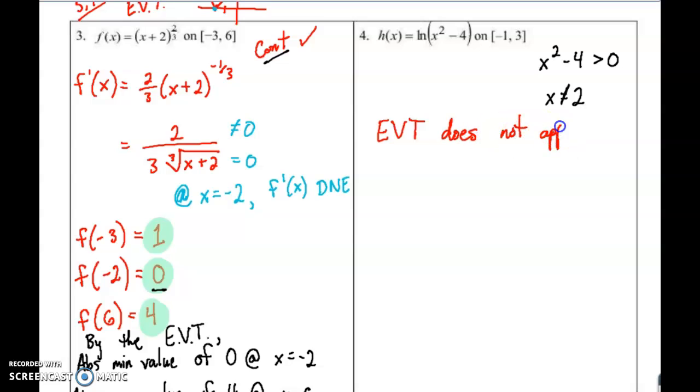There's some sort of gap in the graph, and you can use a graphing calculator. You can check this out. Because h is discontinuous. Specifically at x equals 2, but more generally on the interval from -1 to 3.